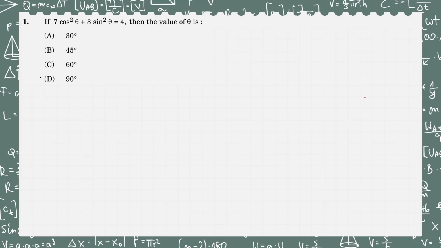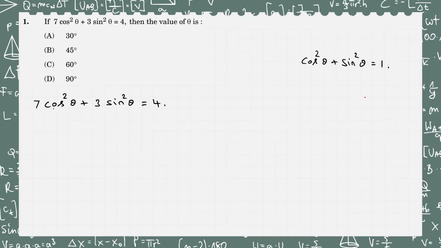Okay, let us take down the given information. 7 cos square theta plus 3 sin square theta equal to 4. We know that cos square theta plus sin square theta equal to 1.